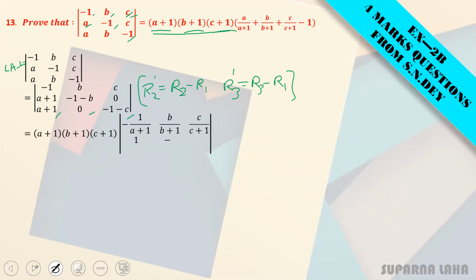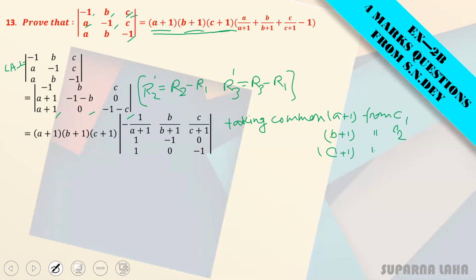So the determinant, after taking these 3 factors common, you will get this determinant. And here write down the reason, that is taking common a plus 1 from column 1, b plus 1 from column 2 and c plus 1 from column 3.